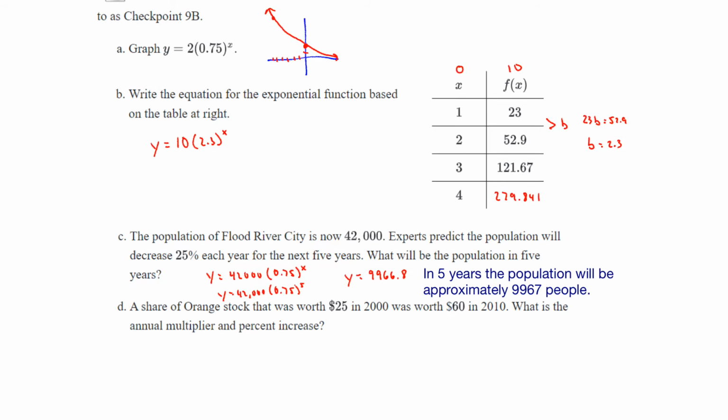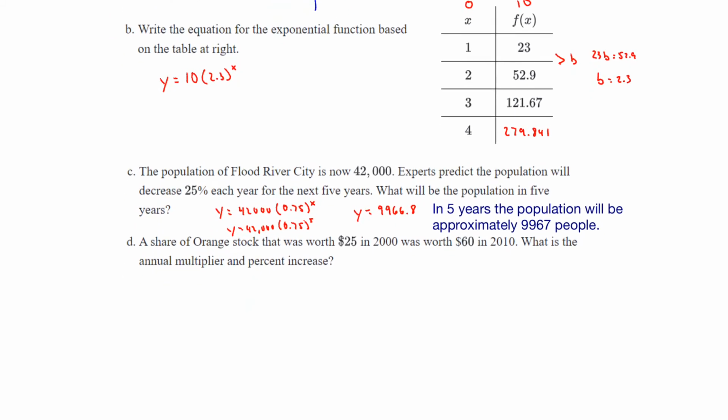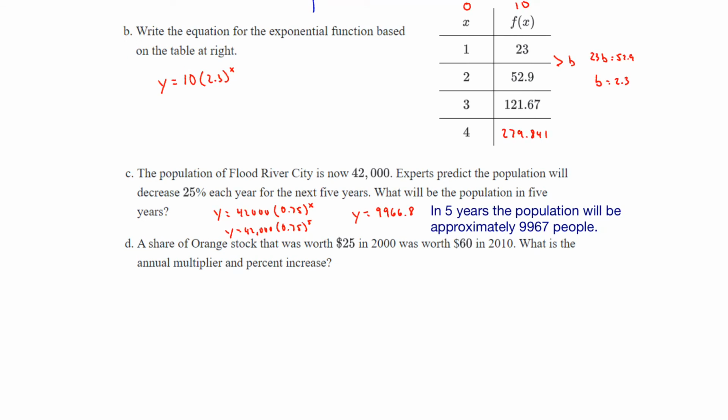We are given the initial though, so let's see what we can do here. I'm going to write it as an ordered pair. At time 0, or 2000, it was 25, and then in 10 years, it was 60. So we have the initial, which is $25. We need to figure out what that multiplier is.